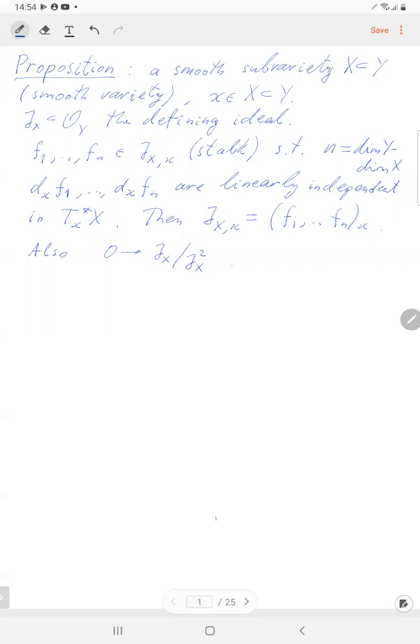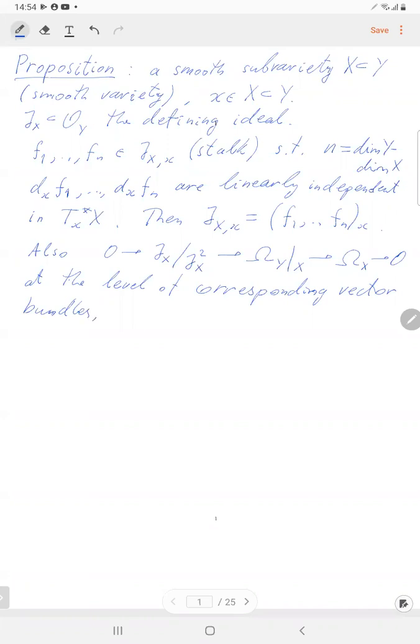And also, we have the following exact sequence. The ideal modulo its square goes to the sheaf of Kähler differentials on Y restricted to X, goes to the sheaf of Kähler differentials on X. So this is an exact sequence of sheaves, and at the level of corresponding vector bundles, we get the conormal vector bundle.